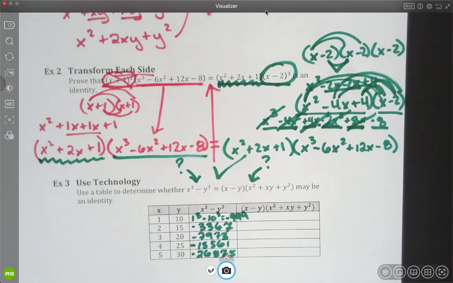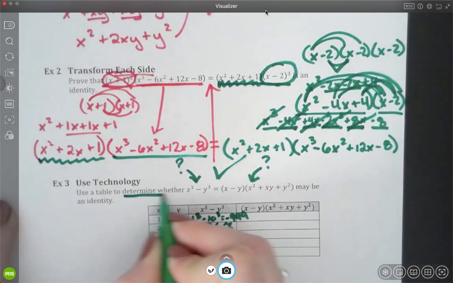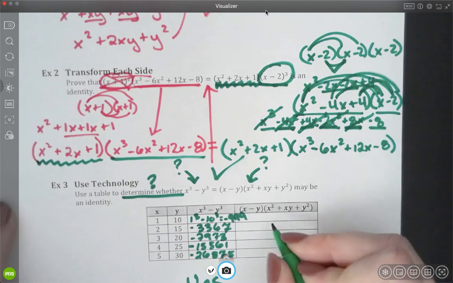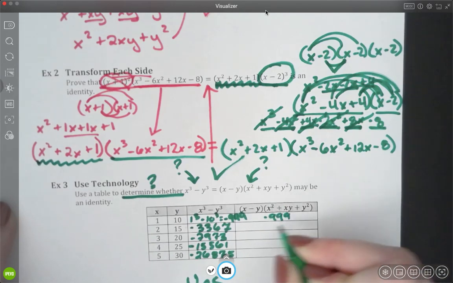Up above here it said prove that those are identities, right? What does that mean? Prove that those are identities means we already know that they are. We already know that they're the same, right? If it says determine whether they're identities, we don't know whether they are or not. So this is a yes, because after we plug these in, they are negative 999, negative 3367.